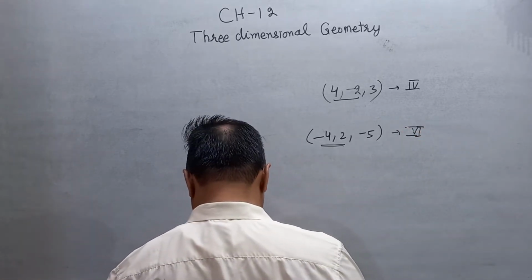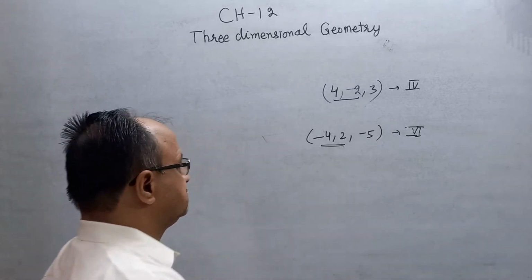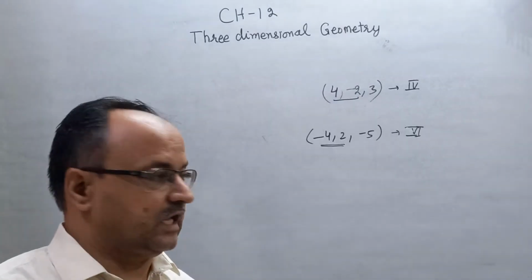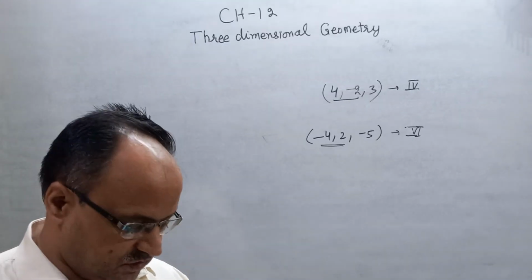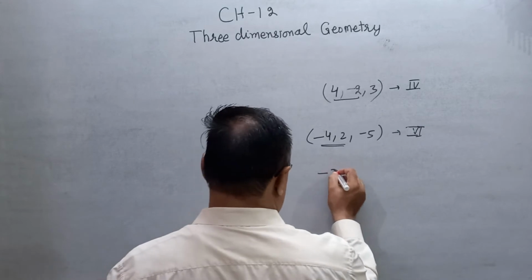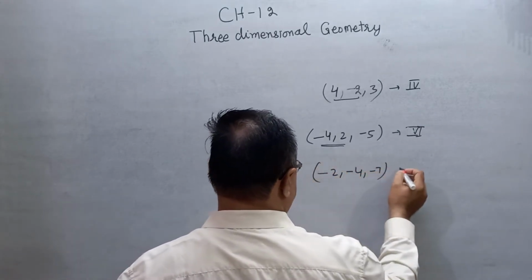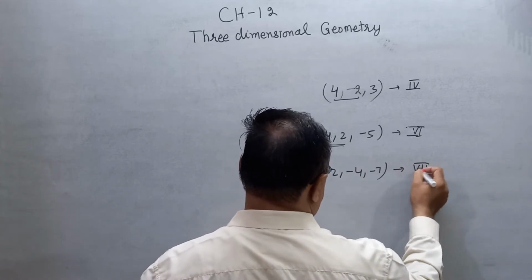Correct? In the sixth octant, X and Z are negative. Clear? Now minus 2, minus 4 and minus 7. That is the 7th octant.